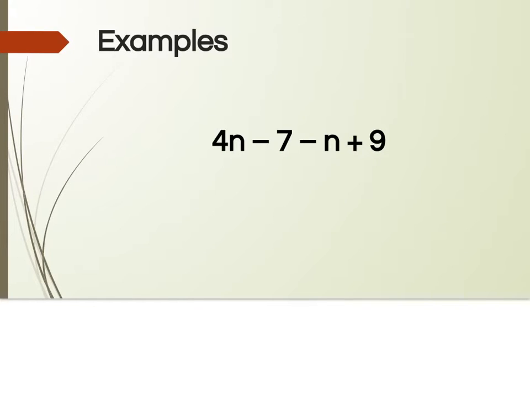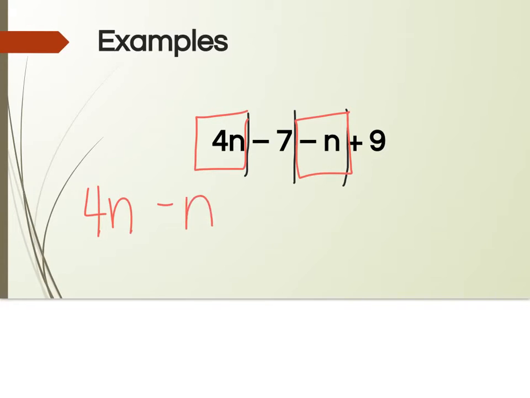Let's try some examples. First, it's easier if you break your expression into all of the terms. 4n, or a positive 4n, is one term. -7 is another term, -n is another term, and +9 is the last term. 4n and -n are like terms, and -7 and +9 are like terms.